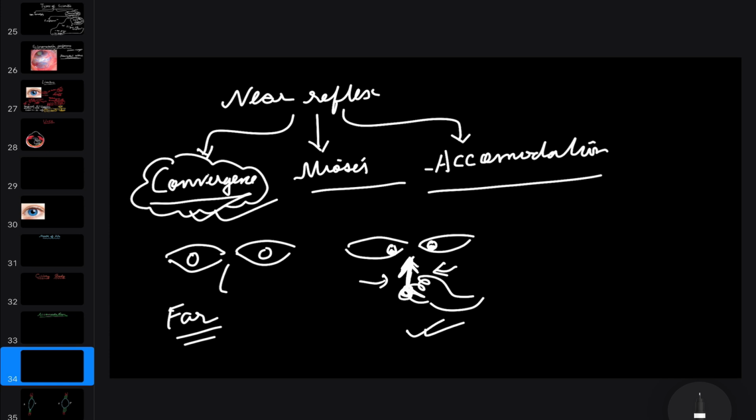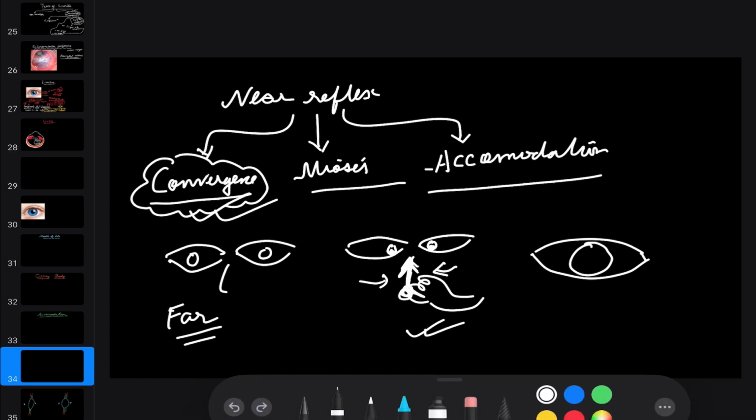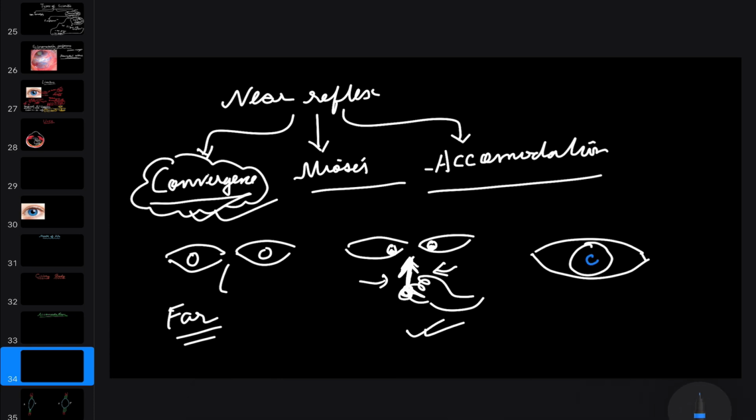Done. Another thing that happens is, if you look very closely, we had talked about the pupils, right? So if I draw another image here, suppose this over here is the iris.